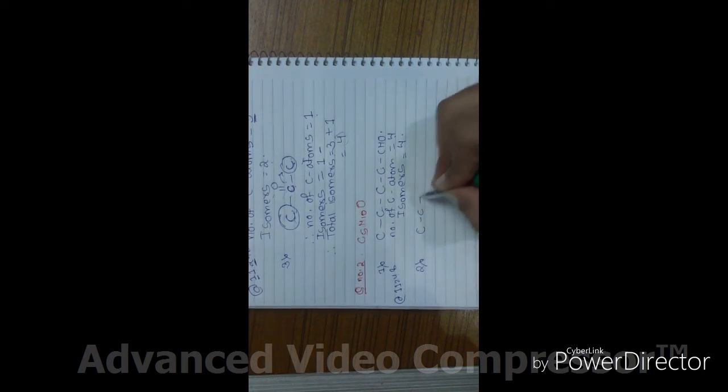So second, write down the ketone structure, 1 2 3 4 5.